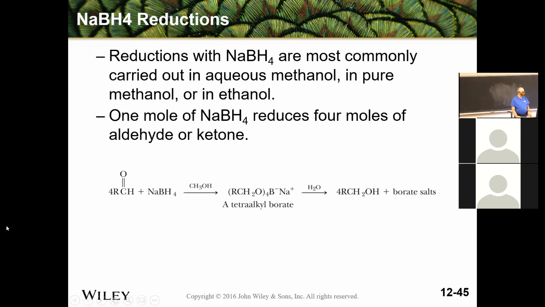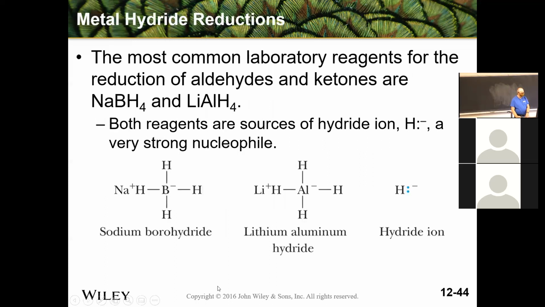Right, so sodium borohydride reductions are most commonly carried out in aqueous methanol, pure methanol, or in ethanol. The stoichiometry is 4 to 1. So we have 4 hydride equivalents. Let me back up a slide here.